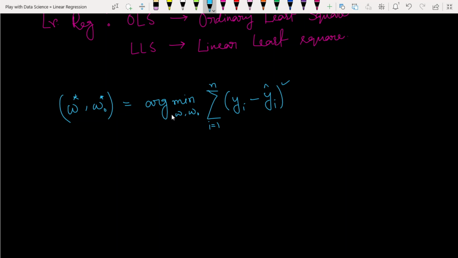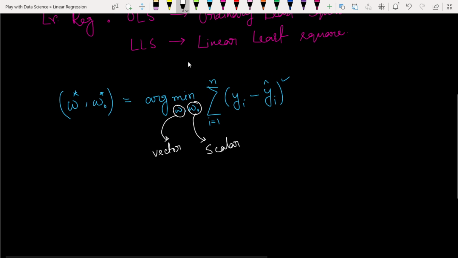Now just remember one thing: W is a vector term, and W naught is the intercept, a simple scalar term.